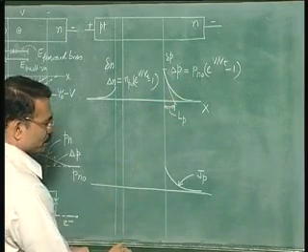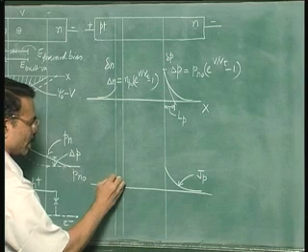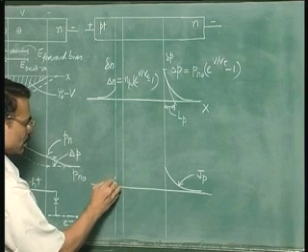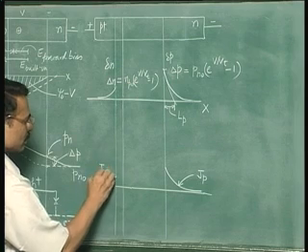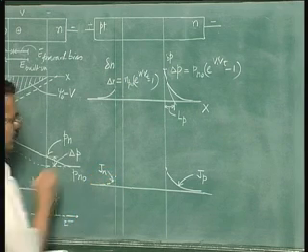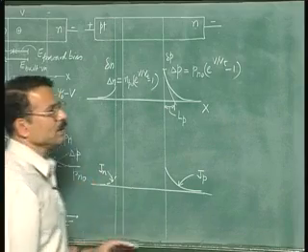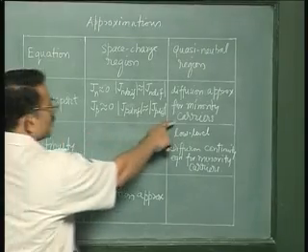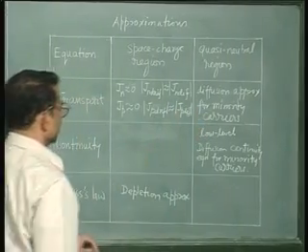In the n region. Similarly, Jn, the electron current will show by a dotted line. This is Jn, in the p region. So here we have used, please note, the diffusion approximation for minority carriers, which we have already listed here.